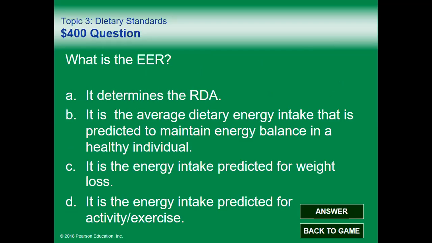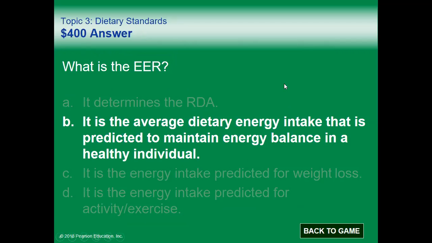What is the EER? Anybody? I don't know. The average dietary energy intake that is predicted to maintain energy balance in a healthy individual.